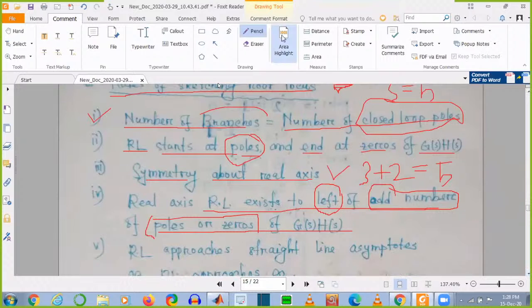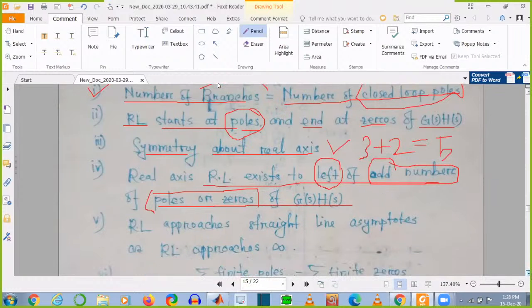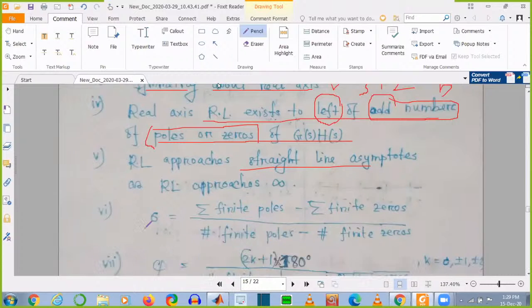After that, the root locus approaches straight line asymptotes as the root locus approaches infinity. Here you can find sigma equals the summation of finite poles minus the summation of finite zeros, divided by the number of finite poles minus the number of finite zeros. That is sigma.